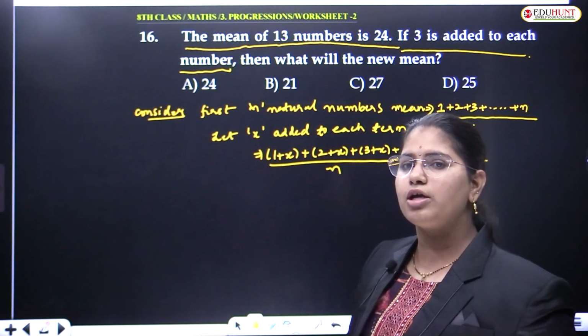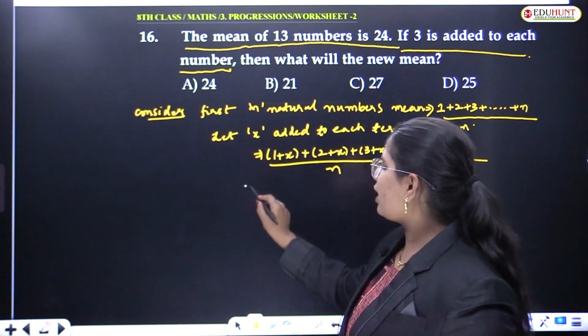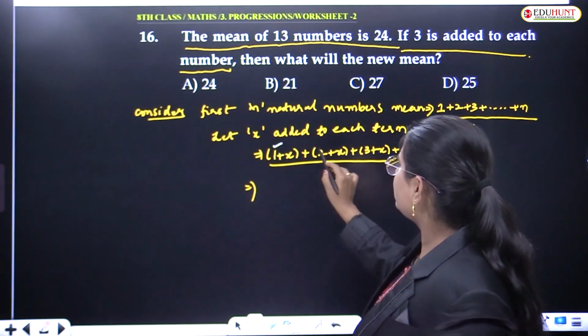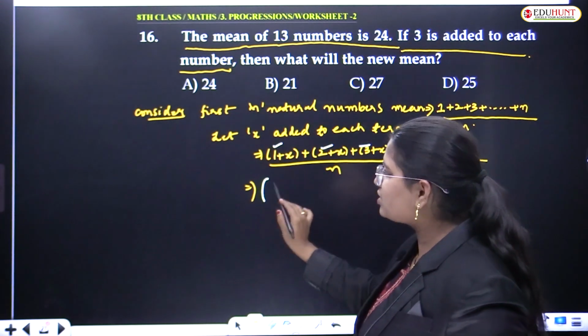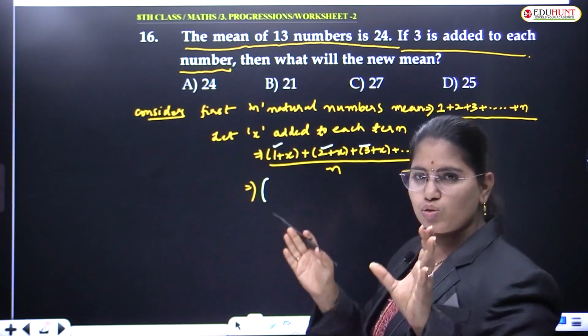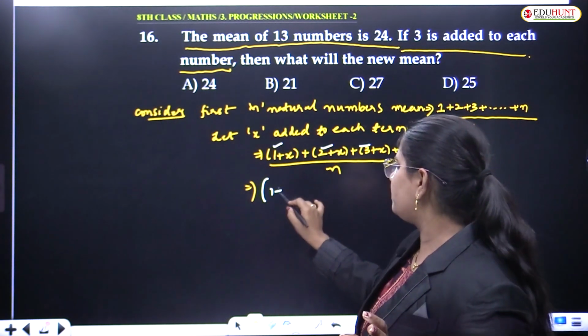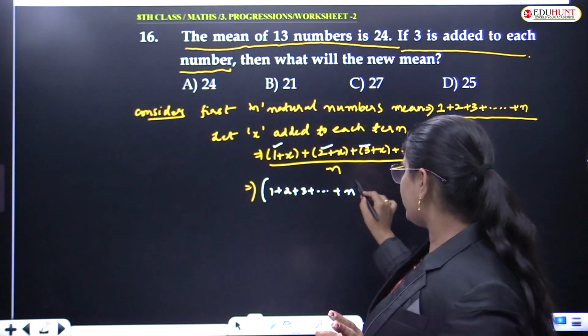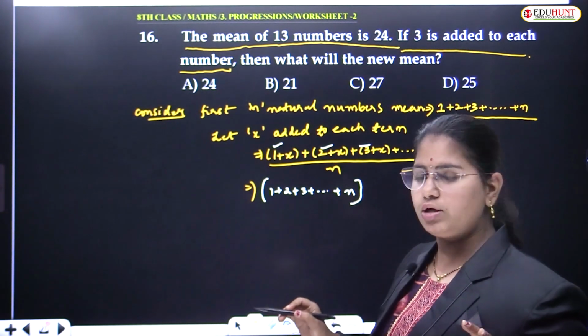Next, what am I doing? I am regrouping: 1 plus 2 plus 3 and so on up to n, this is my old mean.